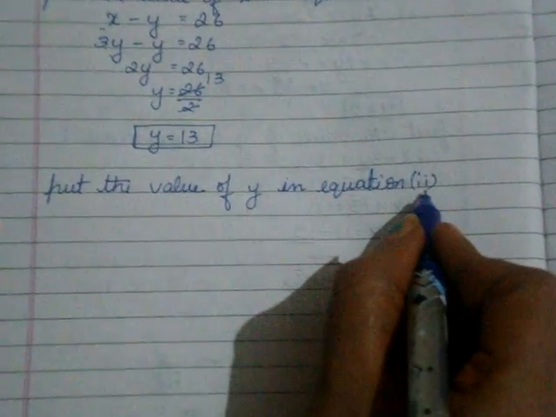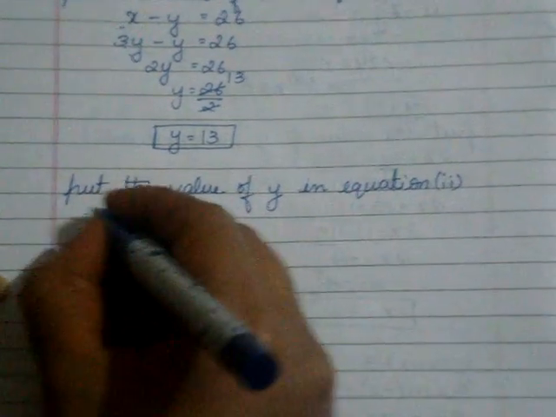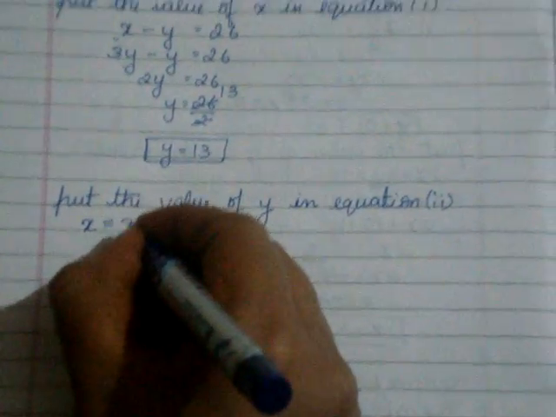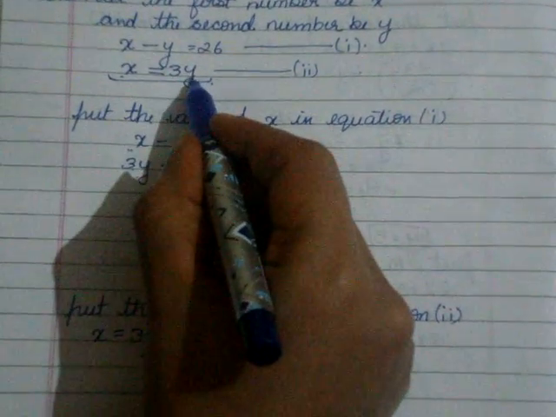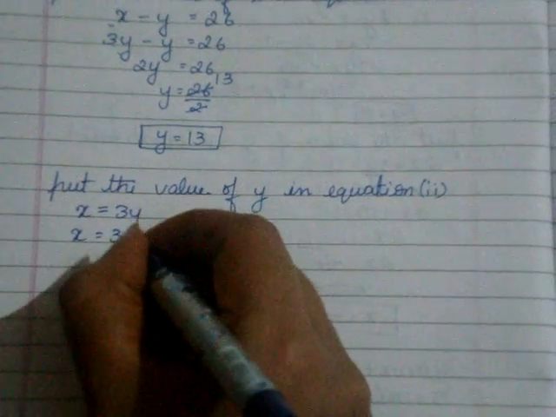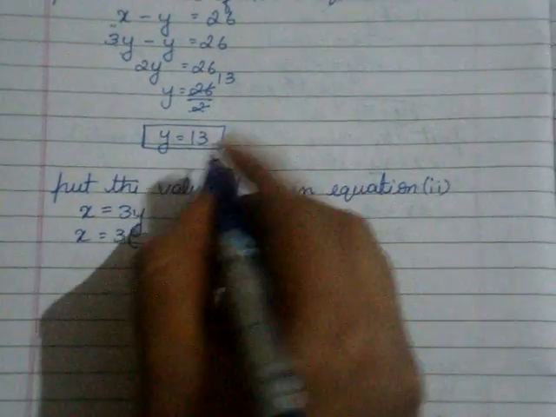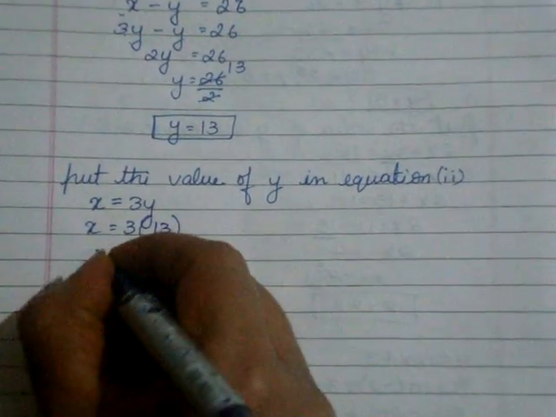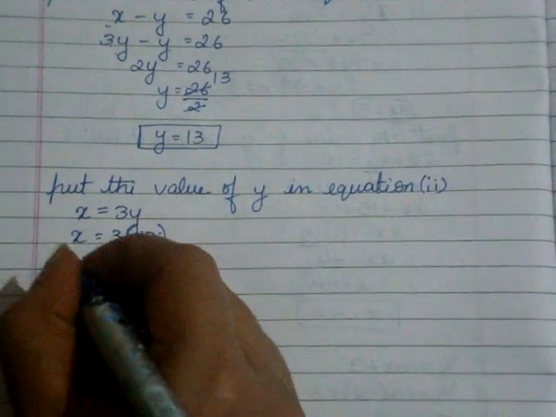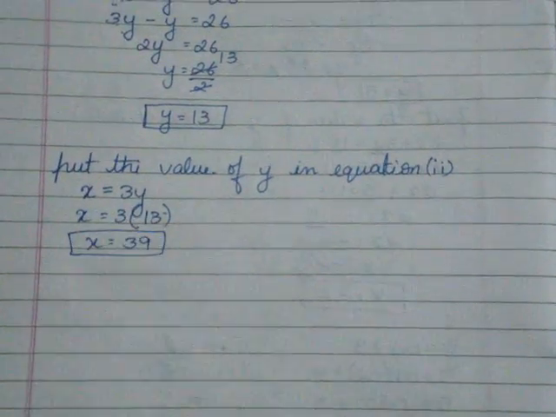We have taken the second one. So you have to write down the second equation. The second equation is x equals 3y. x equals 3 of 13, in the place of y, 13. x equals 3 ones are 3, 3 threes are 9, and the x value is 39.